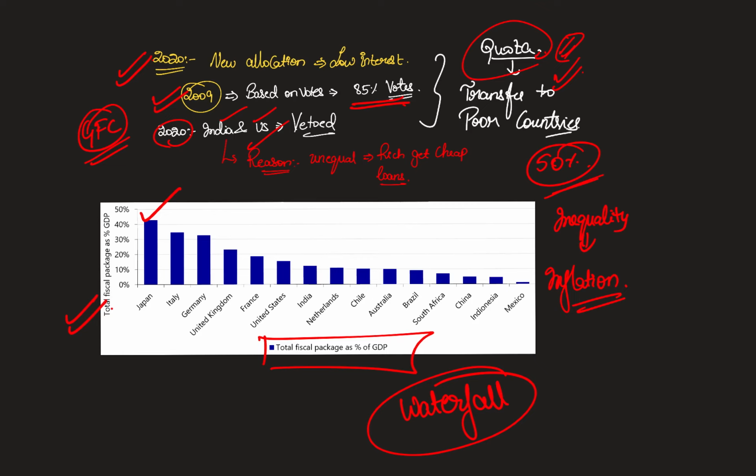This situation is obviously undesirable, and therefore when we make new allocations, that is, if we want to pump in new money into the economy at such low interest rates, rich countries should not be using this facility, because it is a very lazy way of raising money.